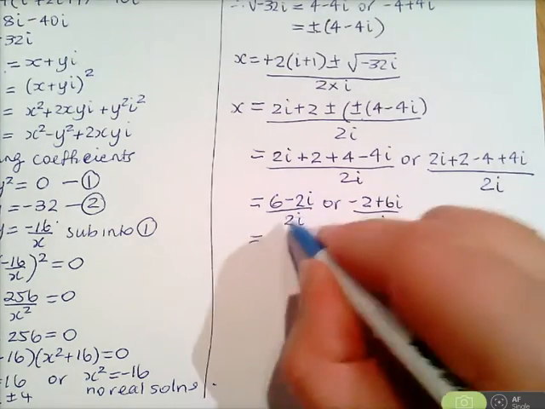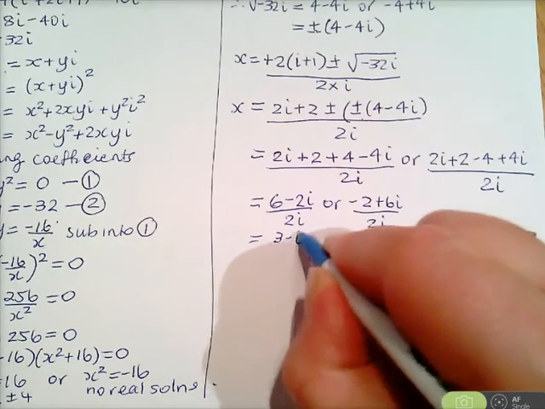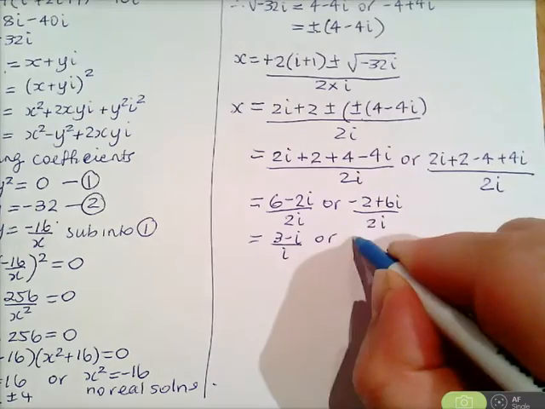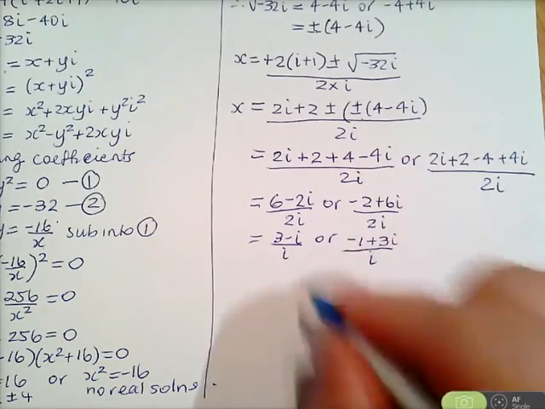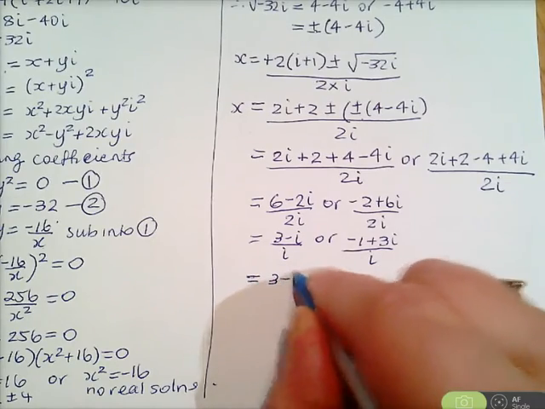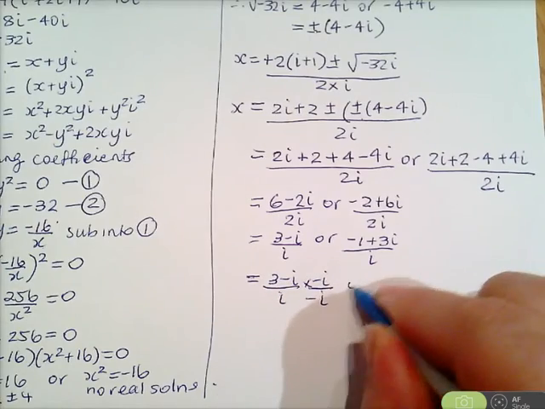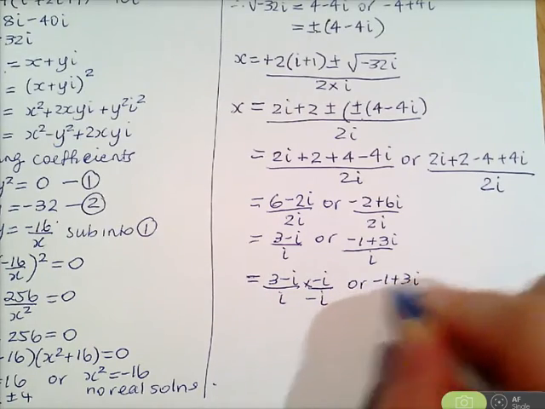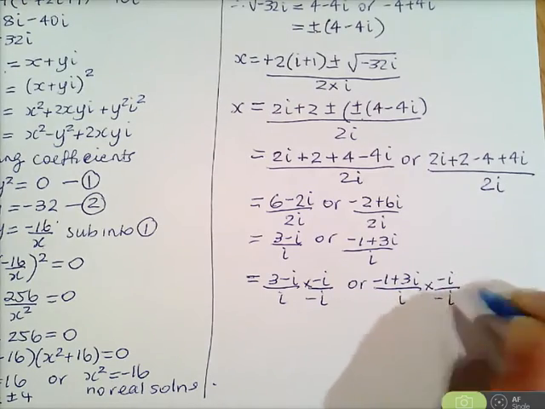Now dividing everything by 2, we've got (3 minus i) over i, or (negative 1 plus 3i) over i. Now, realizing the denominators, times by negative i over negative i, or (negative 1 plus 3i) over i times negative i over negative i.